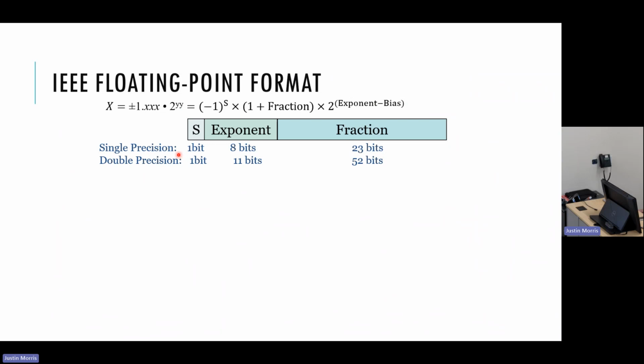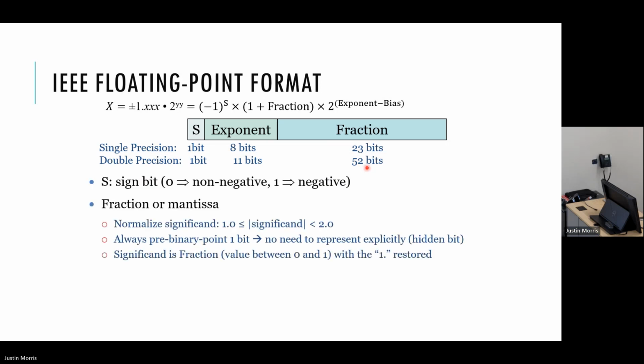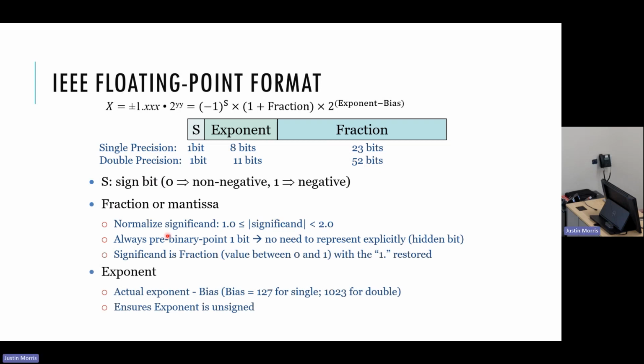Okay. So here are the 2 formats, single precision and double precision, each with 1 sign bit. With single precision, we have 8 bits of exponent, and with double precision, we have 11. Then the fraction bits, or the mantissa: 23 bits with single precision, 52 bits with double precision. Again, the mantissa, or the fractional part, is normalized, so we don't have to specify the 1 bit here.